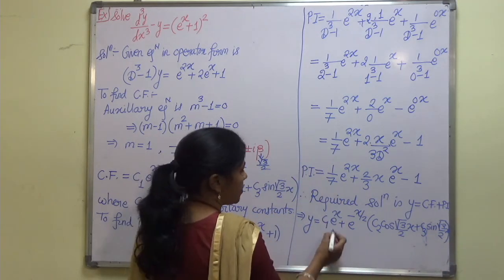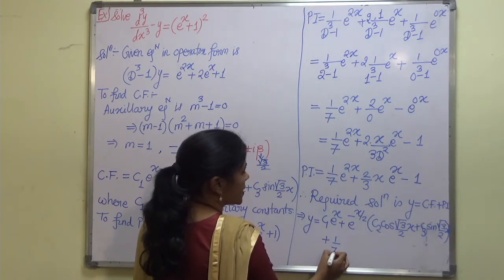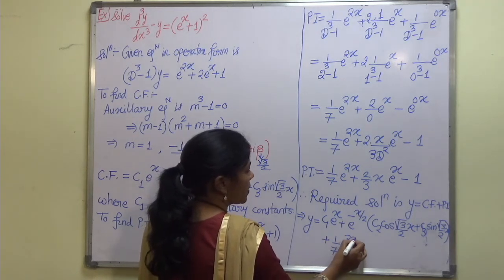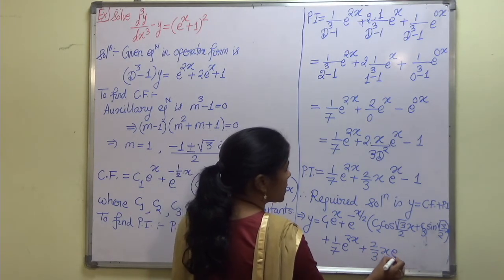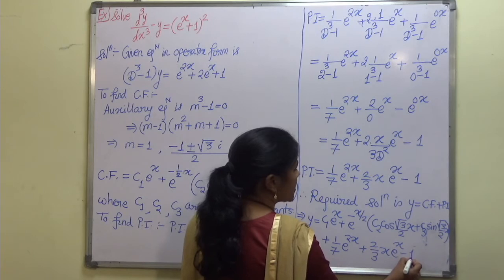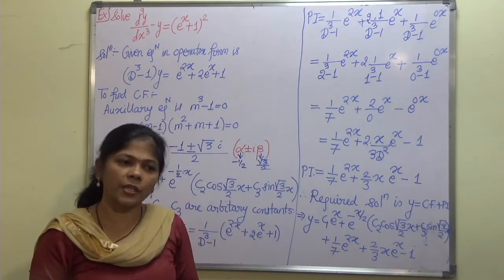And then PI, that is 1 by 7 e raised to power 2x plus 2 by 3 x e raised to x minus 1. So in this way we get the solution.